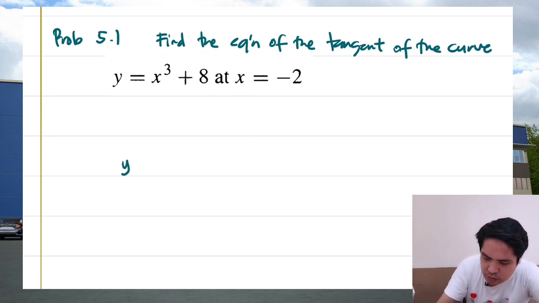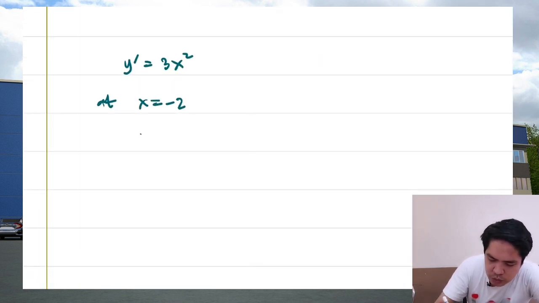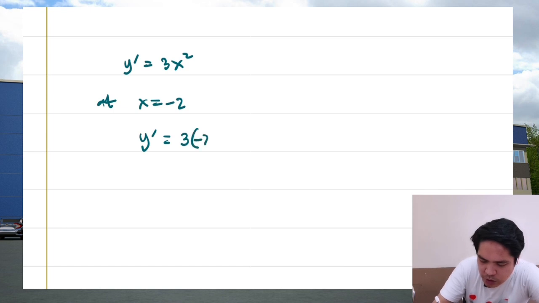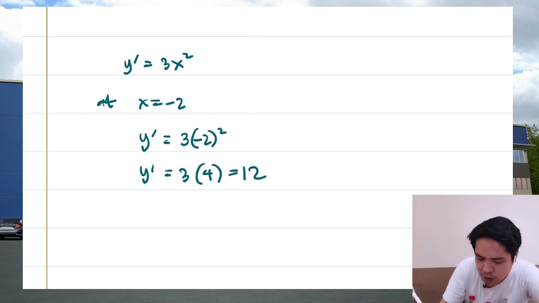So from this function, we could say that y prime is equal to 3x squared. Okay? Then at x equal to negative 2, y prime is equal to 3 times negative 2 squared. So y prime is equal to 3 times 4, or y prime is equal to 12. So therefore, the slope of the tangent is equal to 12.